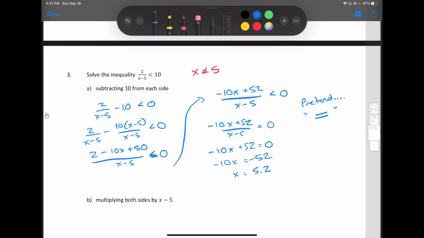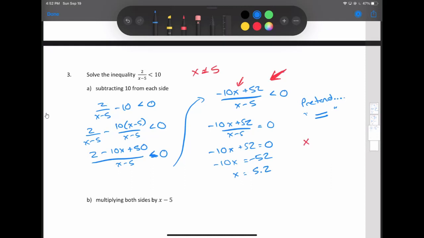Okay, so x is 5.2. Any number less than 5.2 should work. Again, going back up here, if x equaling 5.2 makes that equal to 0, anything, oh wait, this is minus. We got to be careful here. Anything greater than 5.2 should make that whole thing less than 0.